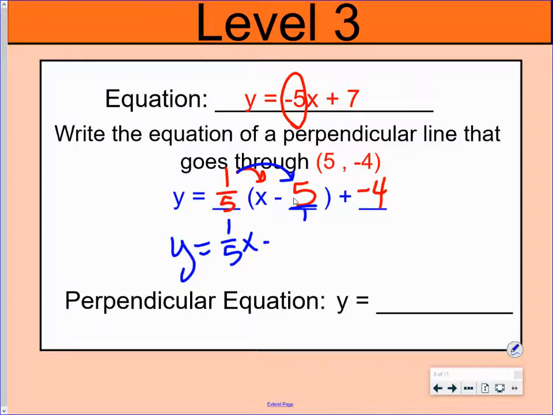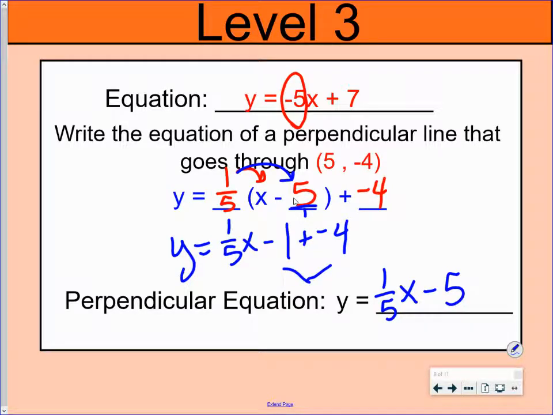That's going to give us negative 5 over 5. What is 5 over 5? Well, that is 1. So we have our negative 1 plus negative 4. So our simplified equation here is y equals 1/5 x minus 5 when we combine these two.